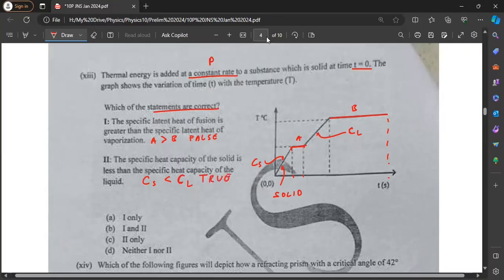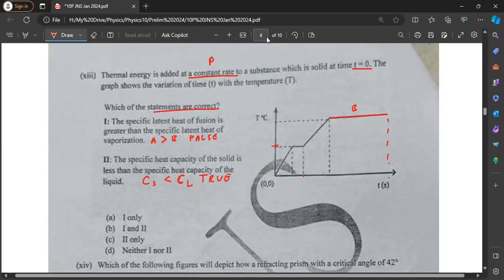Okay, now there is a general rule that even for ice it is 2100, and for water it is 4200. So water, which is liquid, has a higher specific heat capacity. Now, how can you say that using this particular graph? Again, there is an assumption which I'm making because nothing is mentioned about that. So what is this temperature? We don't know.